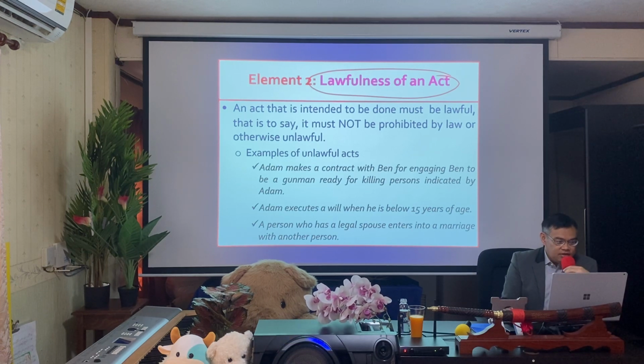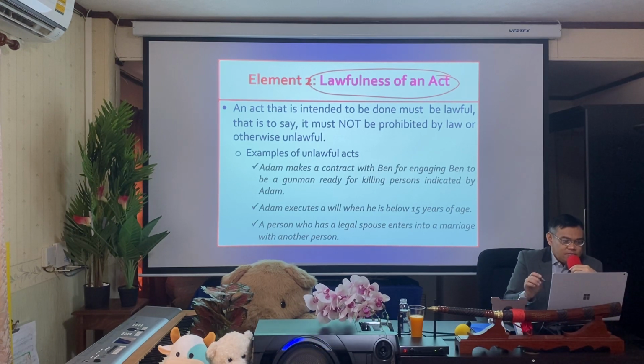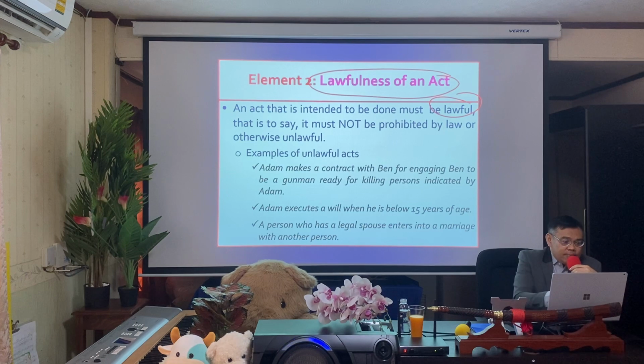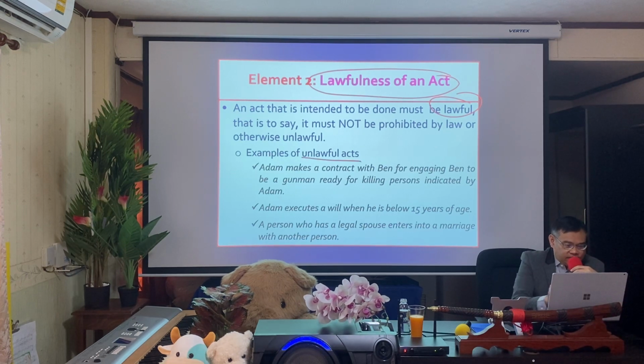Remember, an act which is intended to be done must be lawful. If an act which is intended by you is unlawful in some way, then you cannot have a valid juristic act. We have examples of unlawful acts.